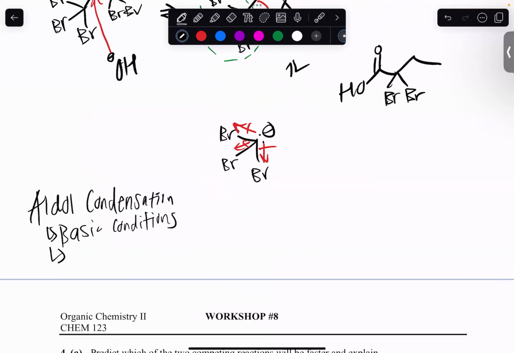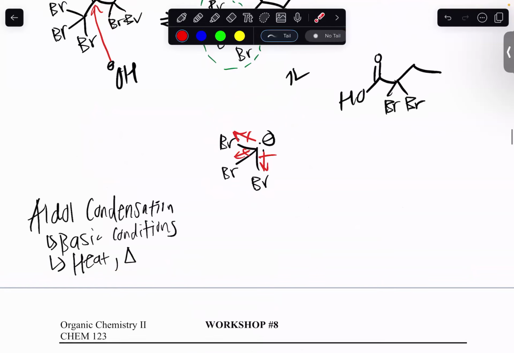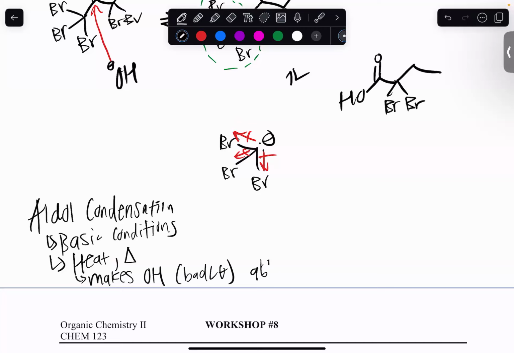And also you add heat in the reaction, so it helps the leaving group leave. It adds enough energy to make that bad leaving group able to leave.